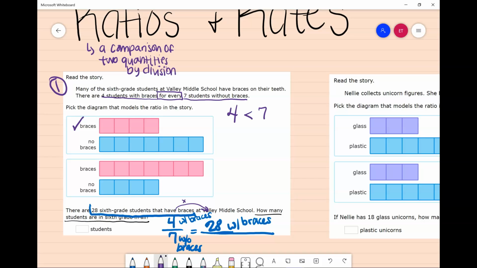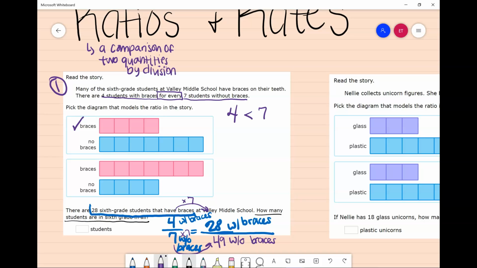So whatever I do to the top of my fraction or my ratio, I must do to the bottom. So I have to do 7 times 7. And 7 times 7 is 49. So I have 49 students without braces.